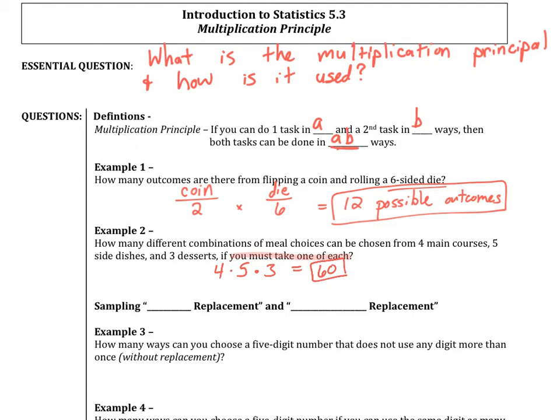Okay. Now sampling with replacement and without replacement are different. So we just went over the homework from 5.2 where there is this jar that had the beads in it, and it is a green bead, a red bead, and a black bead.